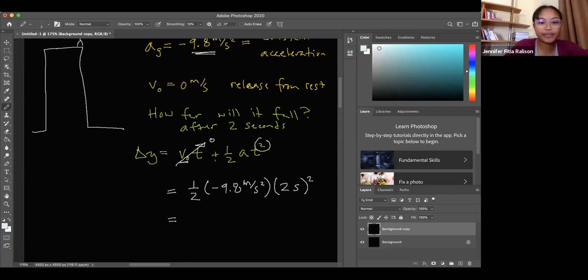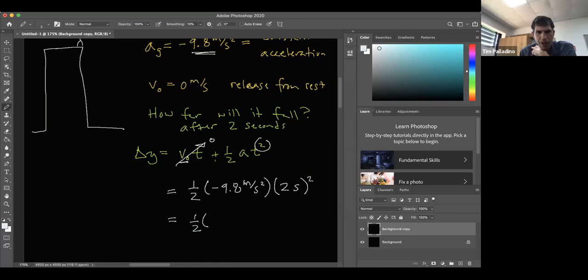I'm going to write this extra step out: 9.8 meters per second squared times 2 seconds squared. So this should actually be 4 seconds squared. We're squaring both the number and the units, because the units of seconds squared will cancel out.